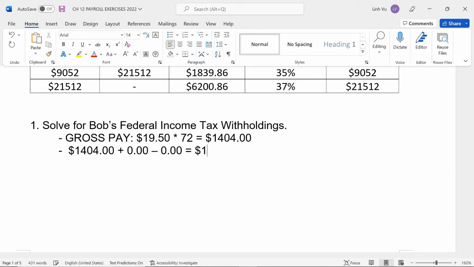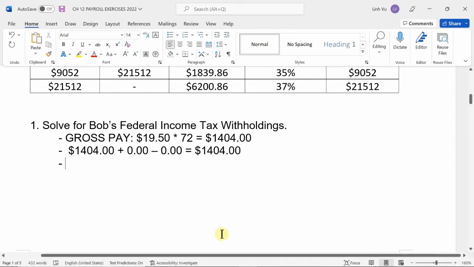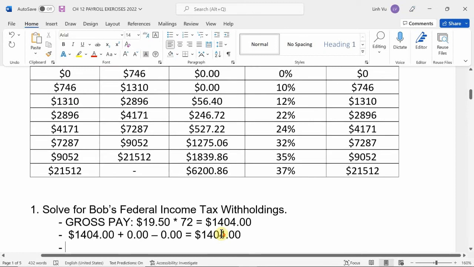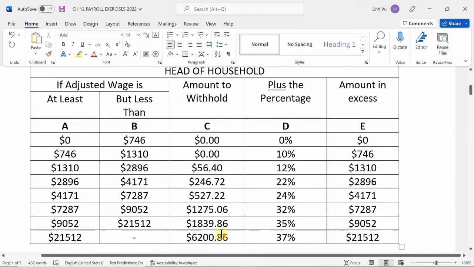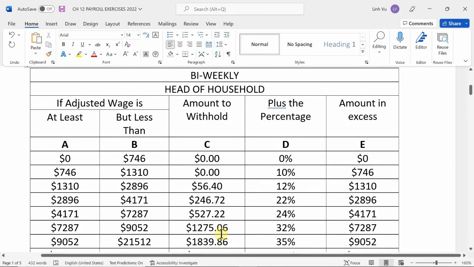So the total amount that he's taxable is going to be $1,404. Step 3, we need to determine what section in the table we are going to use for calculating his federal income tax.